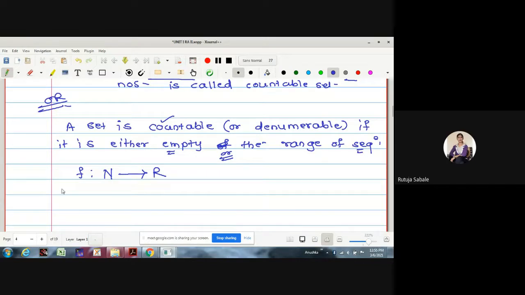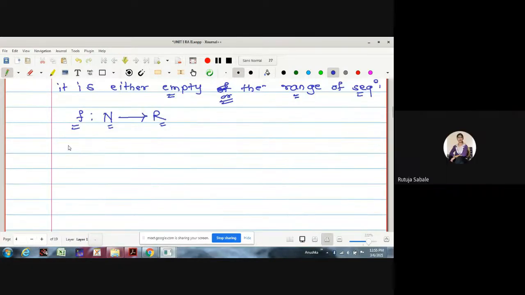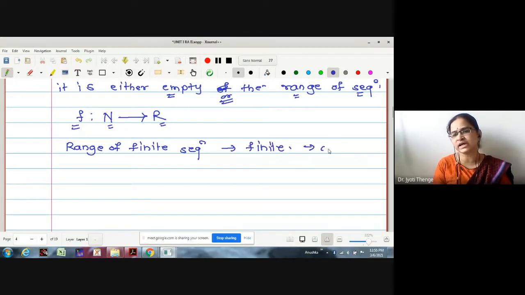Yes, ma'am. Sequence is a function from the set of natural numbers to the set of real numbers. If the sequence is a finite sequence, what is the range of that finite sequence? Finite. Range of a finite sequence is finite. Therefore, that finite set is a countable set according to this definition.